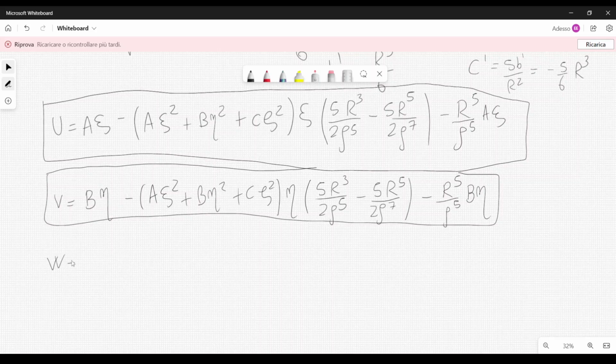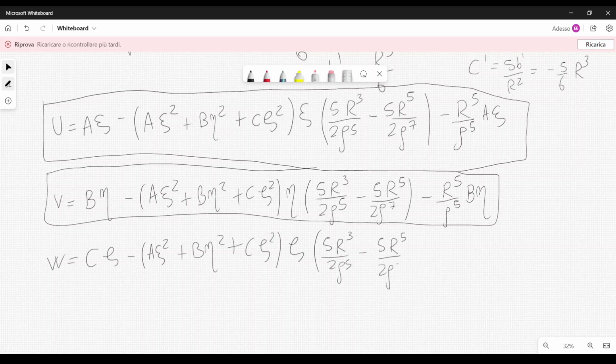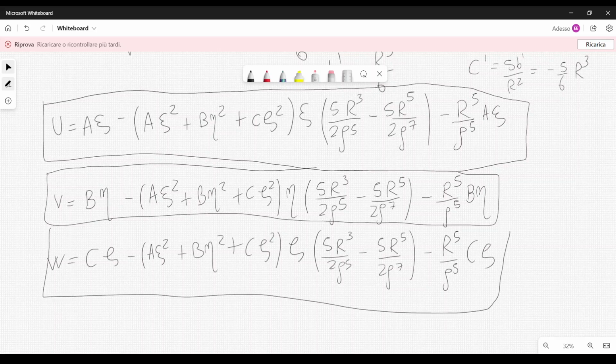We have w equal to c times zeta minus (a xi squared plus b eta squared plus c zeta squared) times zeta times 5 r cubed over 2 rho to the fifth power minus 5 r to the fifth power over 2 rho to the seventh minus r to the fifth power over rho to the fifth times c times zeta. Just like this. So we have found the expressions for u, v, and w.